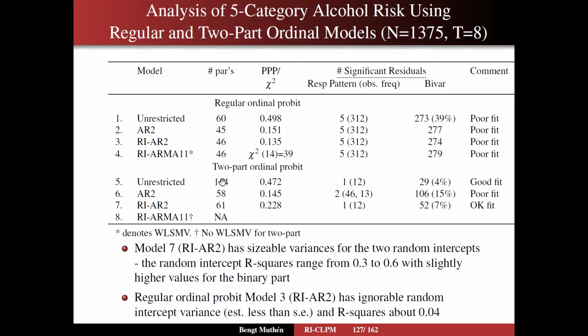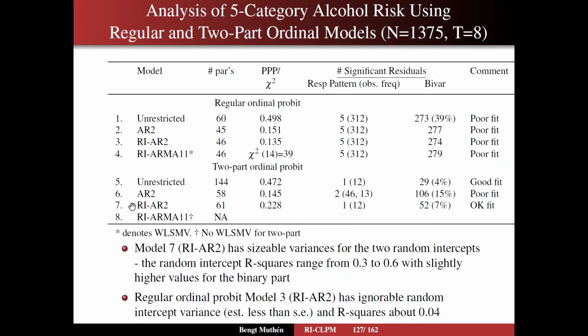It's true, we have far more parameters. We go from 60 to 144. But that's what's needed to fit this model in the unrestricted case. Now, for the AR2 model, we get a decent PPP, but I would say poorly fitting frequencies, particularly here, 15% instead of 5% or less.